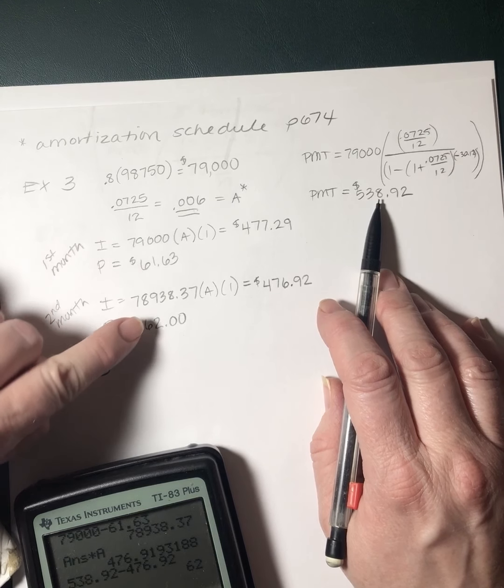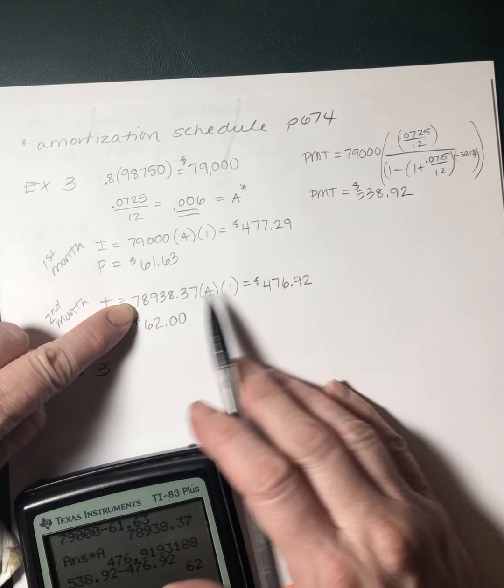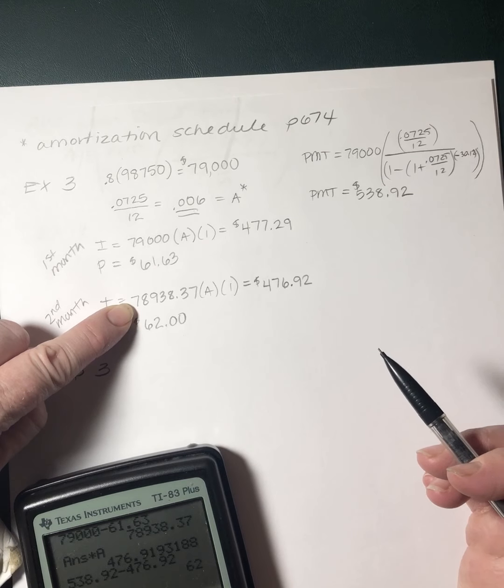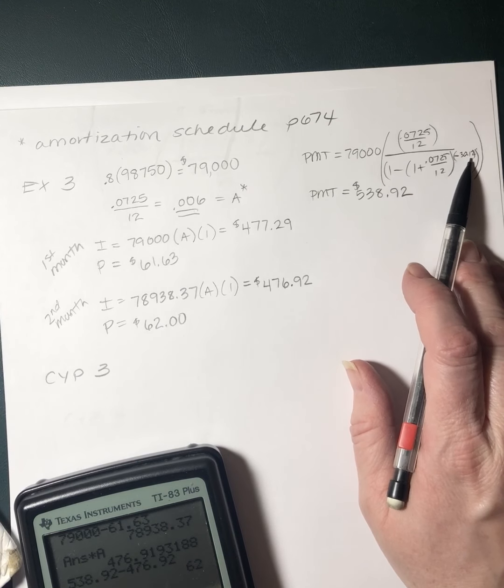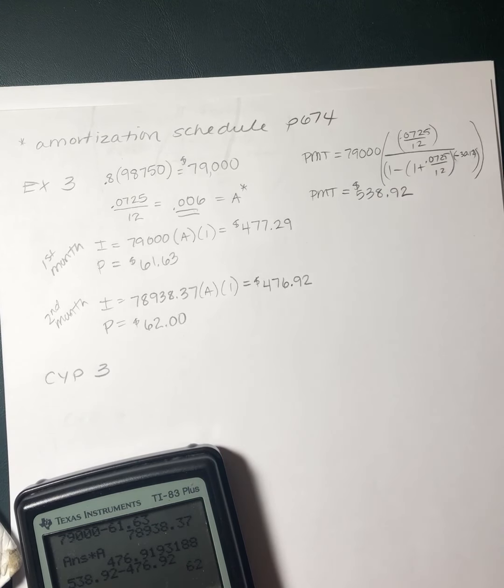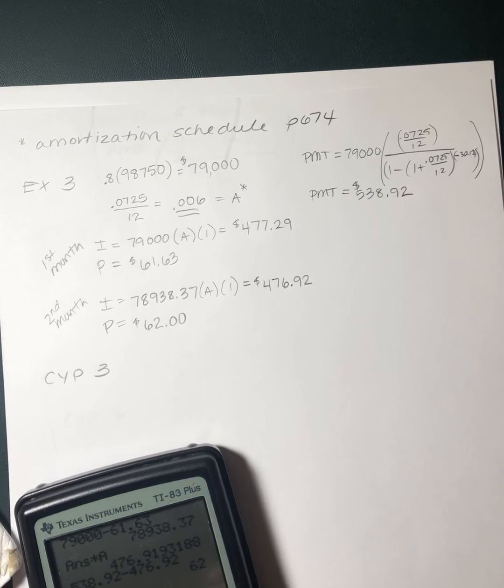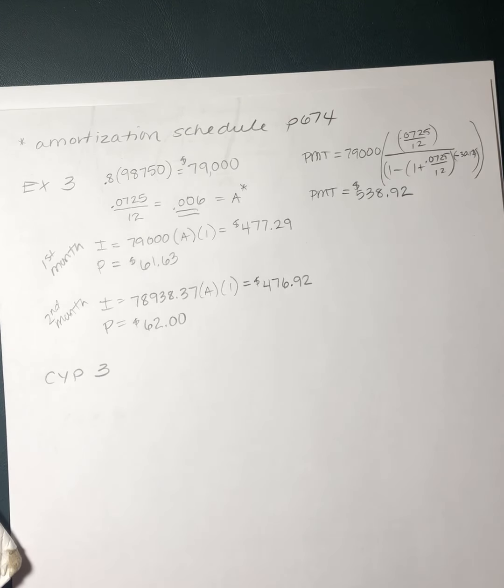So you take this minus this to get your new principal, and you can continue the process. We could continue this down for the life of the loan. Now, this was a 30-year loan times 12. We'd have to do this 360 times to calculate the full amortization schedule. Okay, and that's why computers are helpful with this.